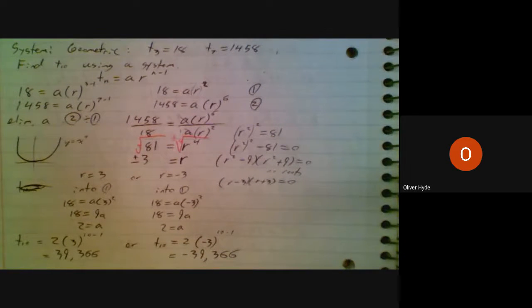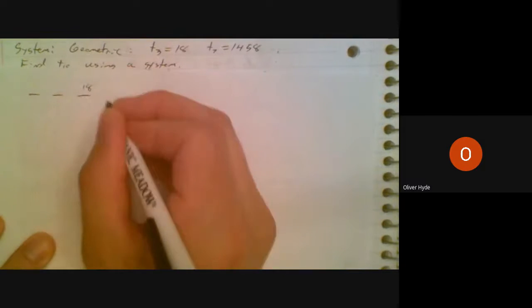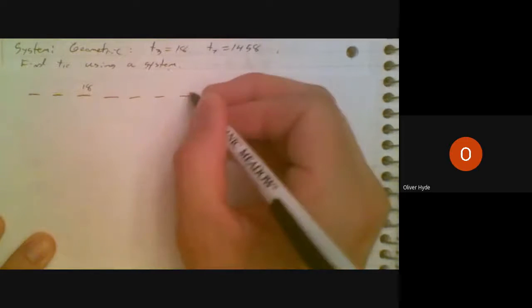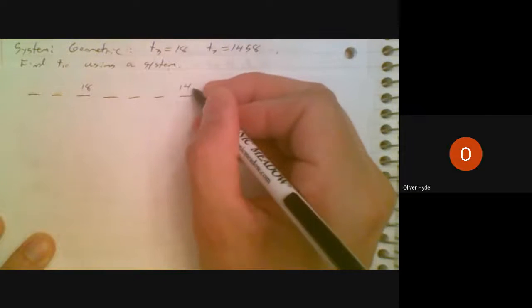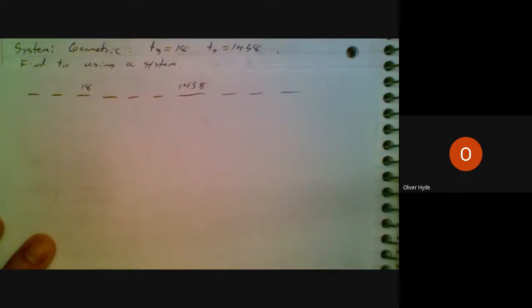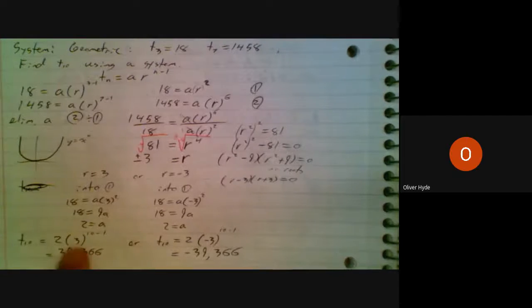Let me just grab another piece of paper. Here we go. So, term 1, 2, 3. Here's 18. 4, 5, 6, 7. Here's 1,458. 8, 9, 10. So we figured out that the first term is definitely 2.